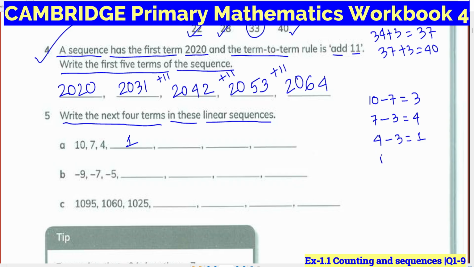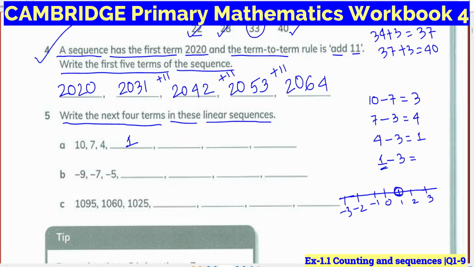Next, 1 minus 3, what will be the result? Look, first we have to draw a straight line. Here is minus 1, minus 2, minus 3. And here is 1, 2, and then 3. So look, here is 1.